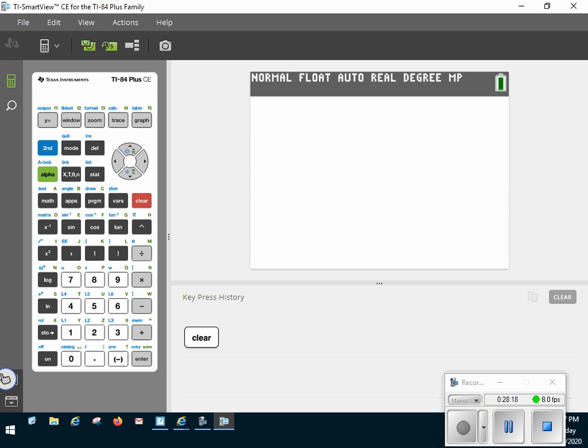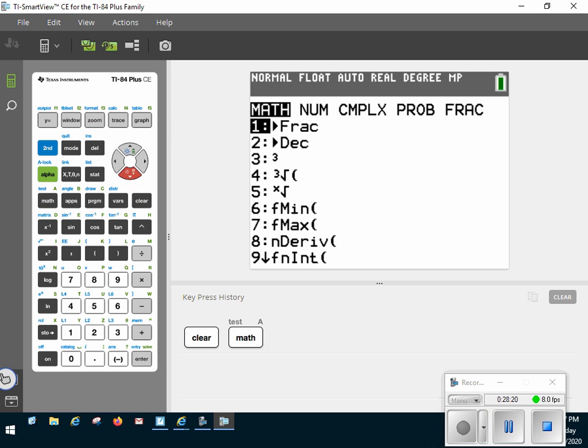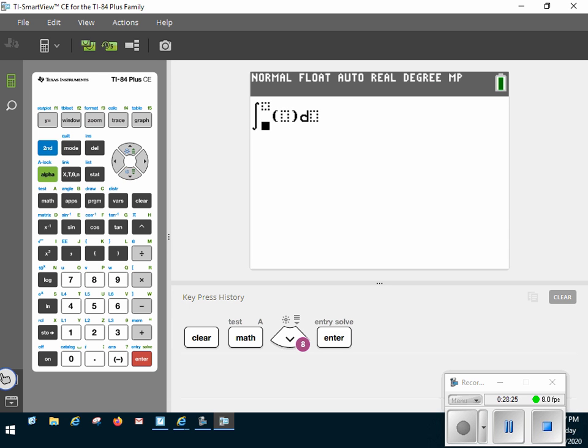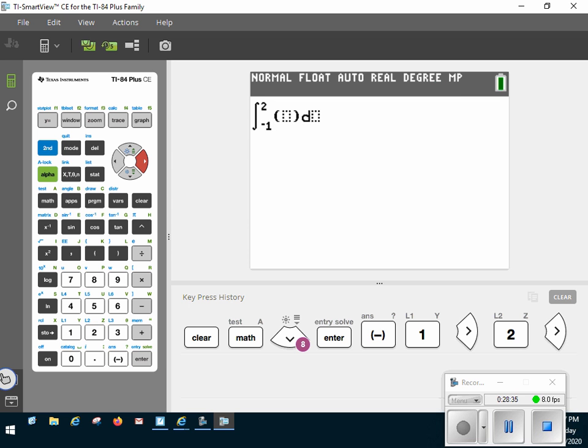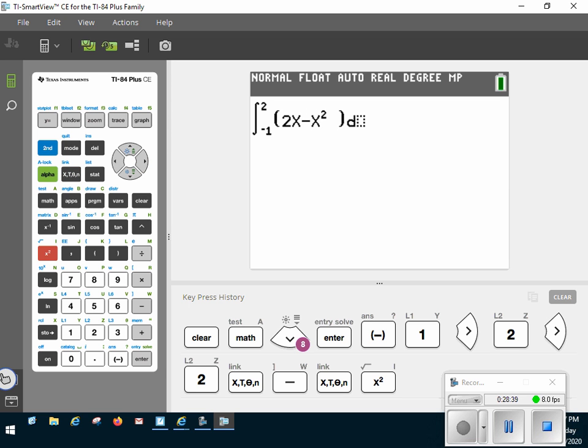Math, option 9. So if we do the integral from -1 to 2 of 2x minus x squared with respect to x, that's 0.